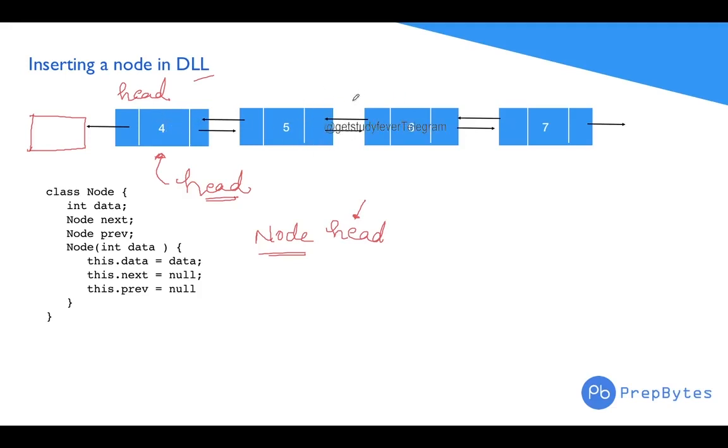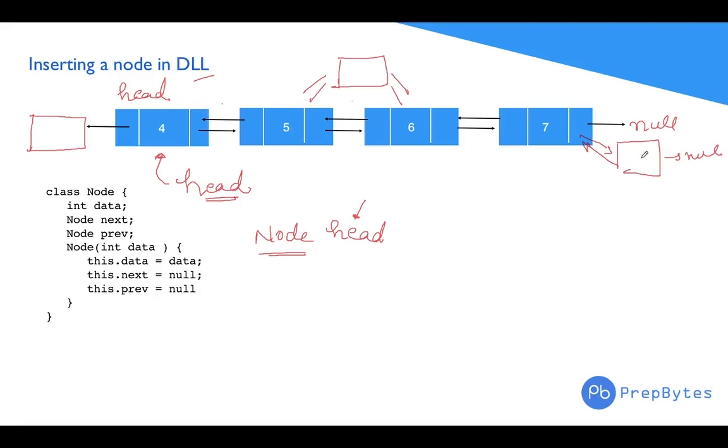So it could be here, it could be here, it could be here. Let's say it's here. So I have to insert a node here in between the nodes in the linked list, or I have to insert at the end. Right now it's pointing to null. Let's say I have to insert a node here. So these are the different places where we'll have to insert the node. So let's see one by one how we insert the nodes at different places.